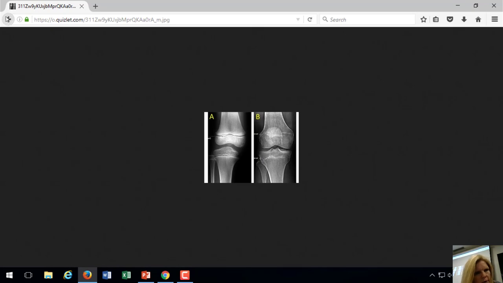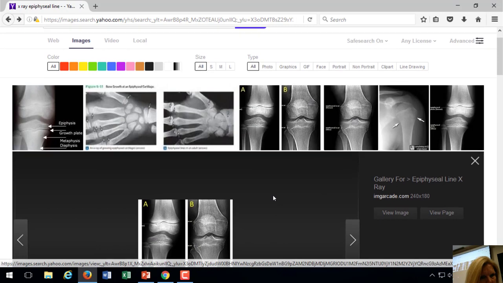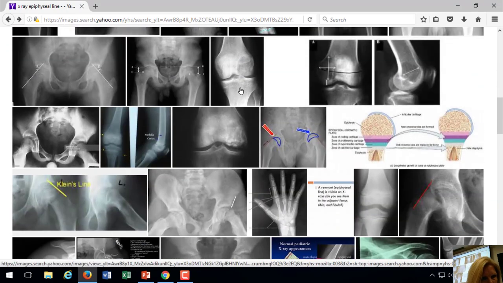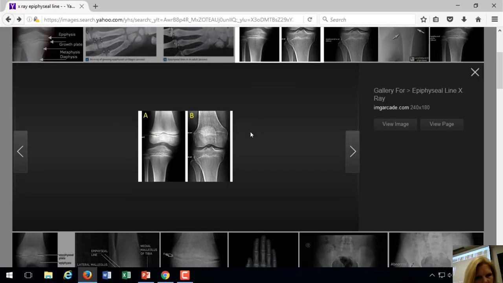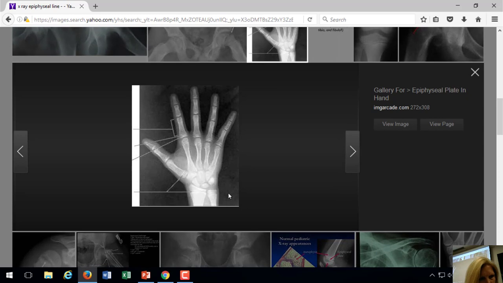It's kind of small to see, but let's see if I can find a bigger one. Here I can see just a line, just ever so bit of a line there. So that means that bone is done growing. Let's look here.